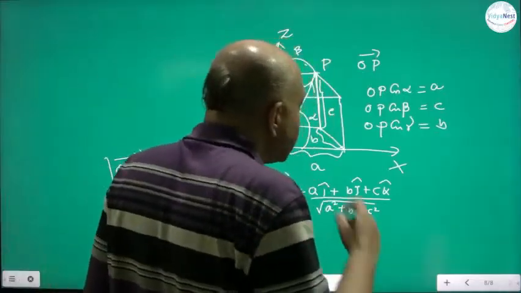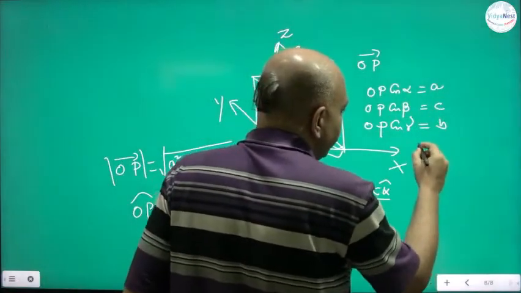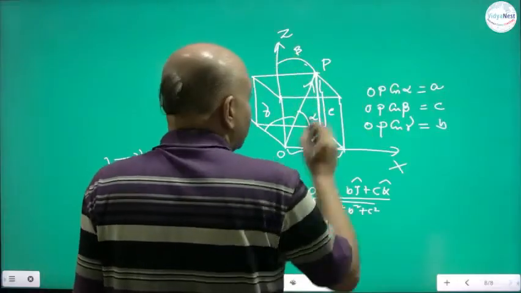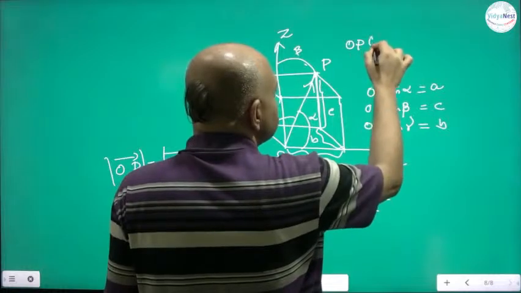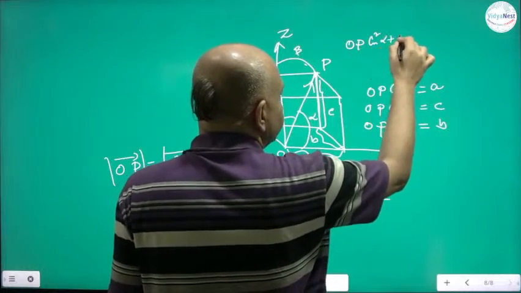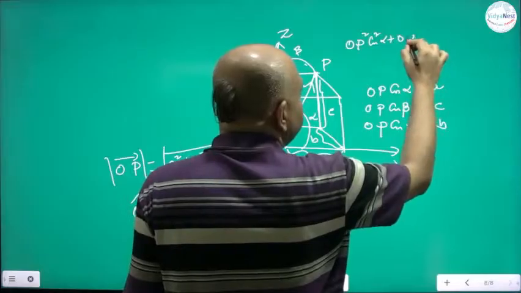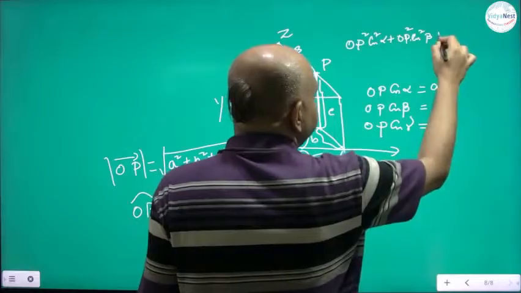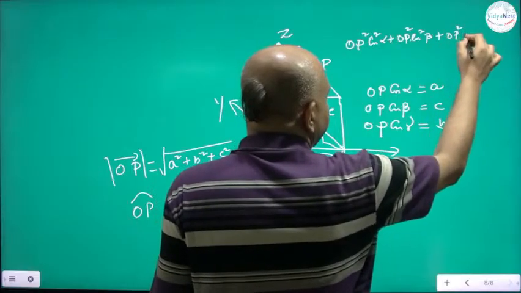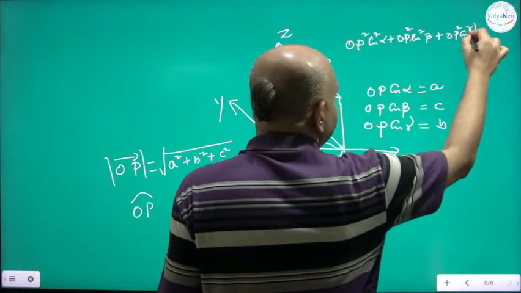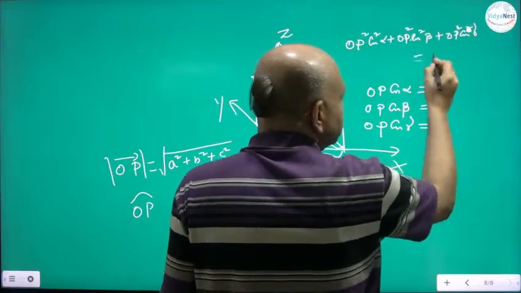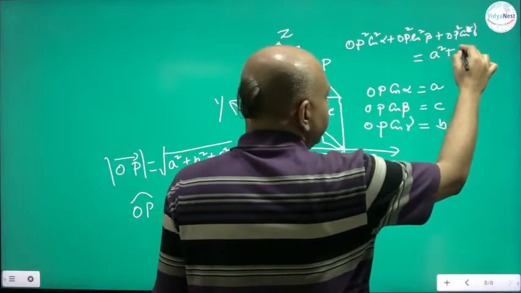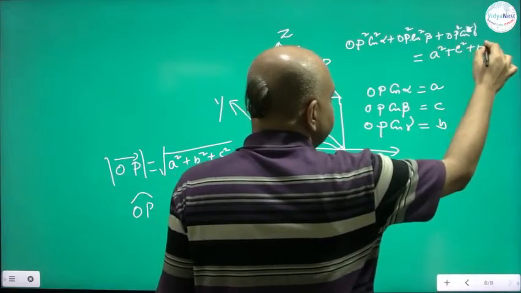Now if I make the square of each and every one: OP square cos square alpha, OP square cos square beta, OP square cos square gamma is equal to a square plus b square plus c square.